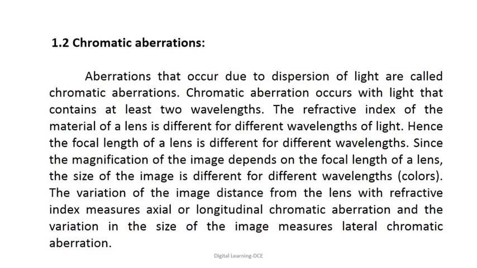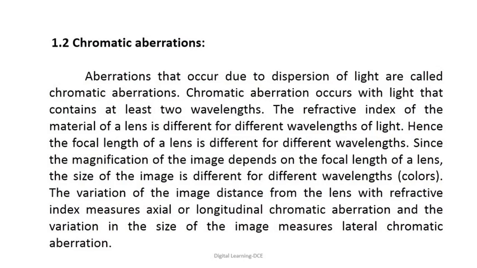The refractive index of the material of a lens is different for different wavelengths of light. Hence, the focal length of a lens is different for different wavelengths. Since the magnification of the image depends on the focal length of a lens, the size of the image is different for different wavelengths or colors.